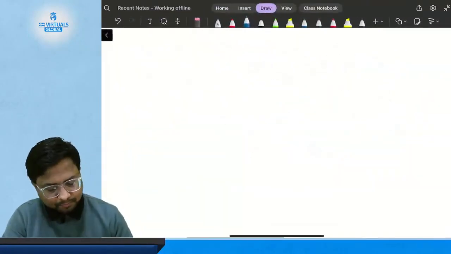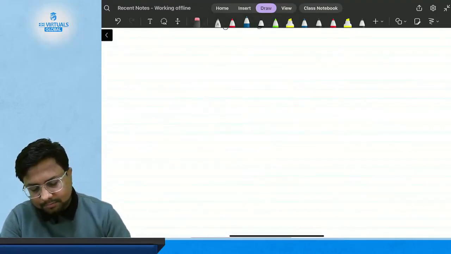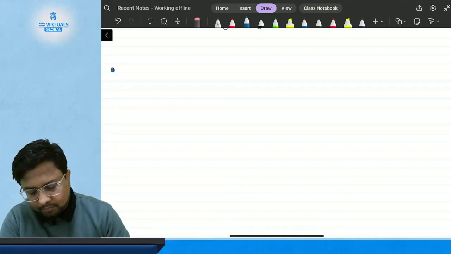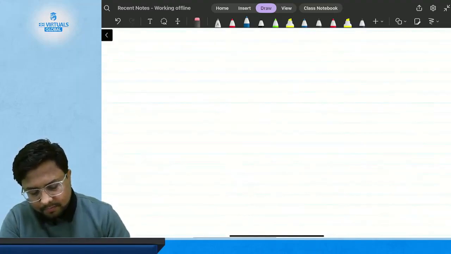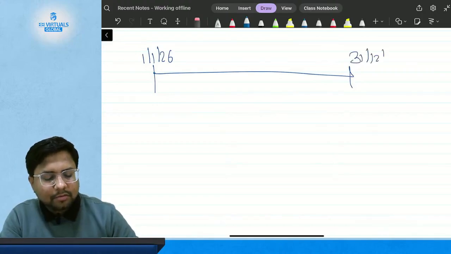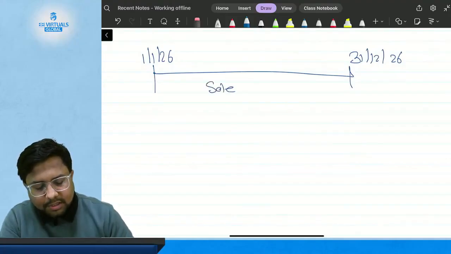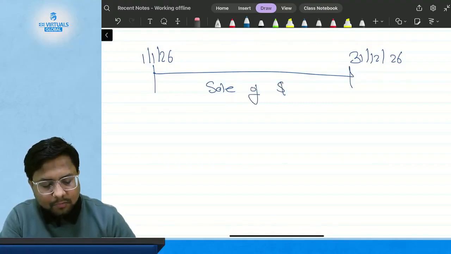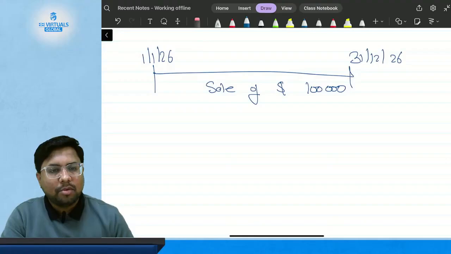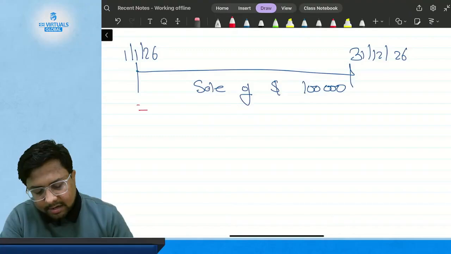Suppose in a year which started from 1st of January 2026 and is going to end on 31st of December 2026, I have made a sale of value of $1 lakh, and to make such a sale, I have incurred cost.